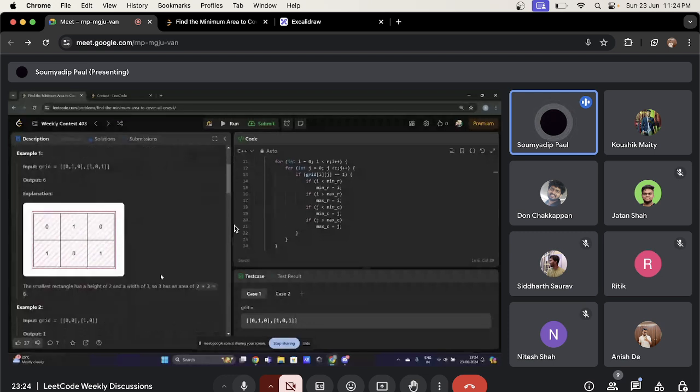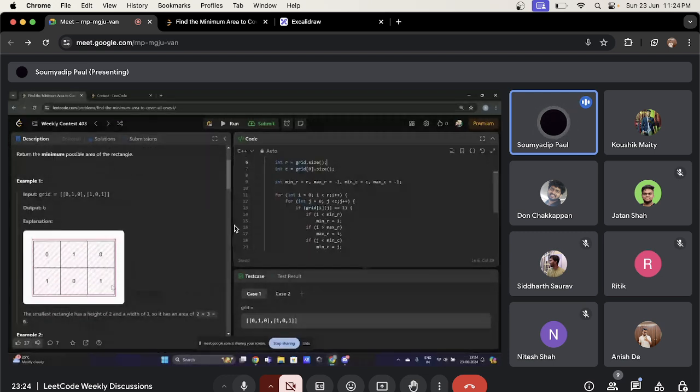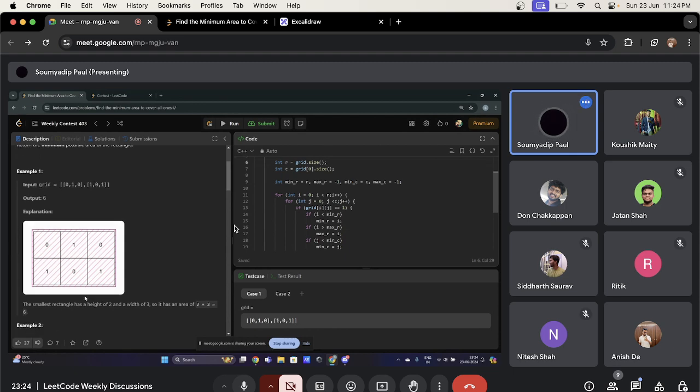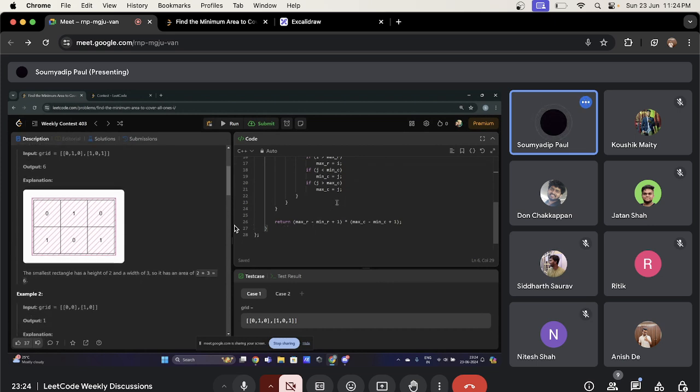My approach was to find the leftmost and rightmost 1 in row order, and for the columns the topmost and bottommost index, and then return the difference between the maximum and minimum, considering zero-based indexing, and return the area, length times width.